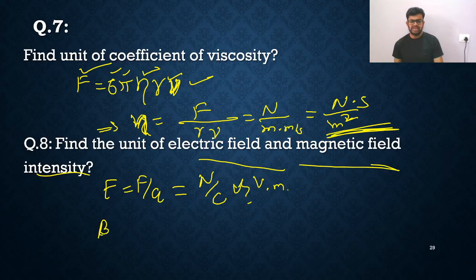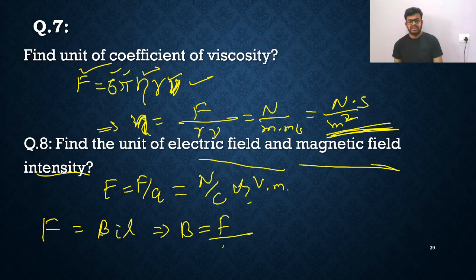Magnetic field B. You know the formula F is equals to BIL. So B, the magnetic field intensity, is F upon IL. F is in Newton, I is in ampere, and L is in meter. So directly we say Newton per ampere meter, or you can also say this is Tesla.